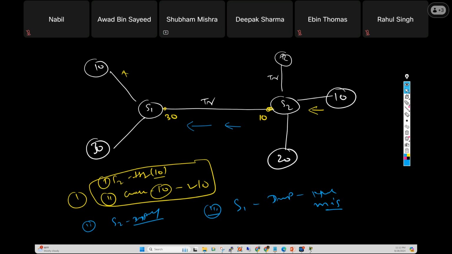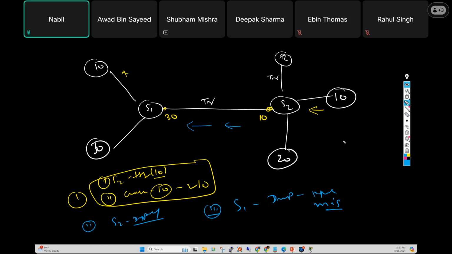Okay. Yes, Nabil, tell me something. So from VLAN 10 to switch number S2, they will forward the frame without tagging until switch number S1. They will check the VLAN ID, and we will consider this is a native VLAN.